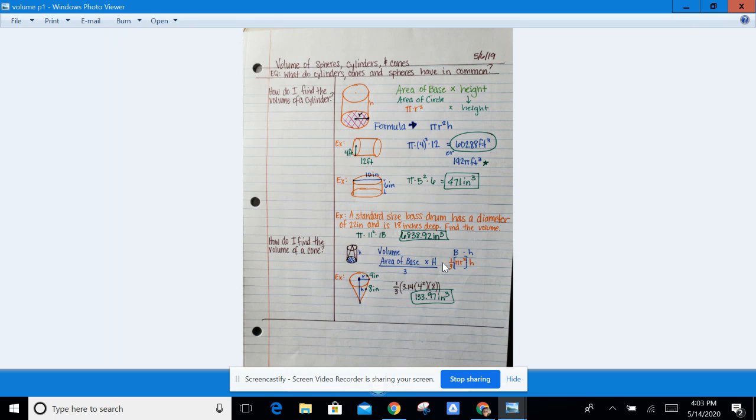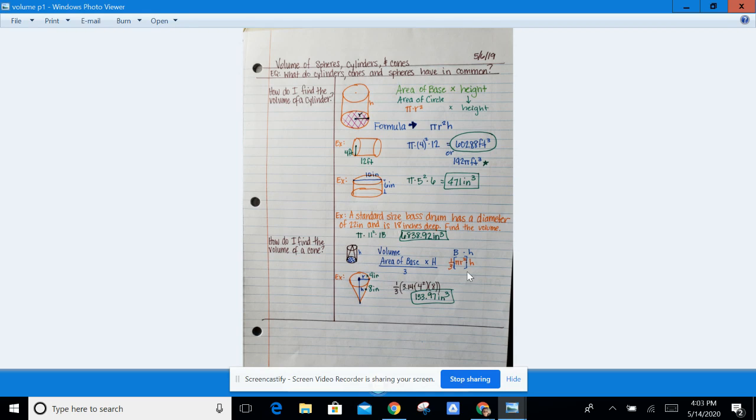Well, a cone and a cylinder have a similar relationship, except instead of fitting 2 cones in a cylinder, it actually fits 3. So to find the volume of this cone, you take the area of the base, which is the circle, times the height, which gives you the cylinder. Now we have to divide it by 3.